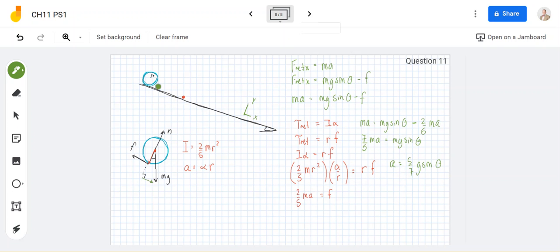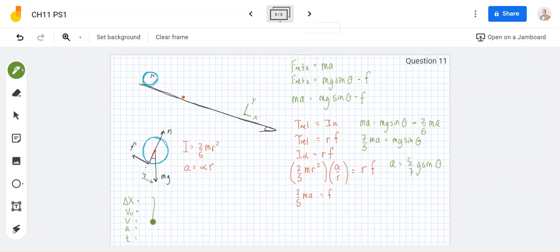And so if I go back and look at this from a kinematic sense, delta x, v0, v, a, and t, they both have the same delta x, they both have the same initial velocity, they both have the same acceleration, and therefore they're both going to have the same time, and they're going to have the same velocity.